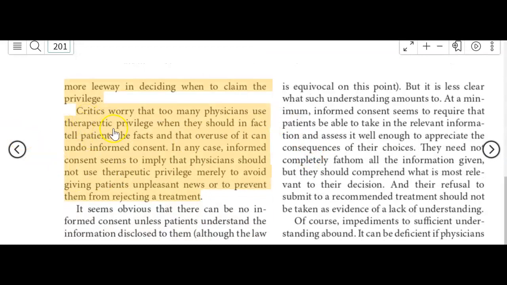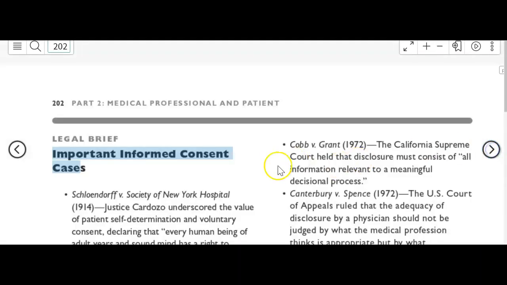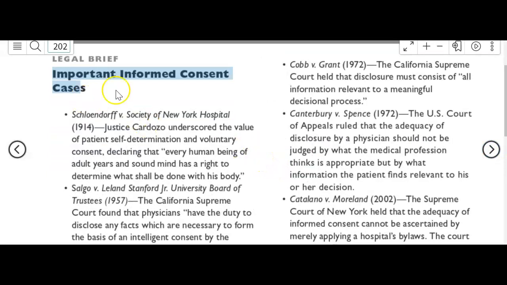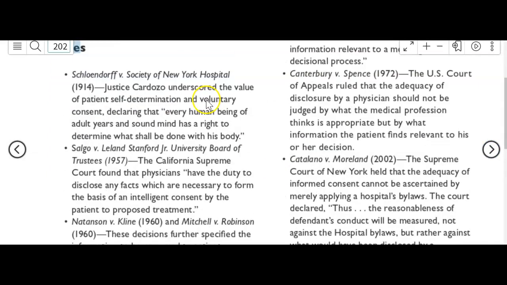Here they circle back to therapeutic privilege. That's when the doctor is like, oh, I don't need to tell them. I don't need to give them all the information. And critics worry that too many doctors use therapeutic privilege when really they need to tell the patients the facts. These were important cases regarding informed consent.